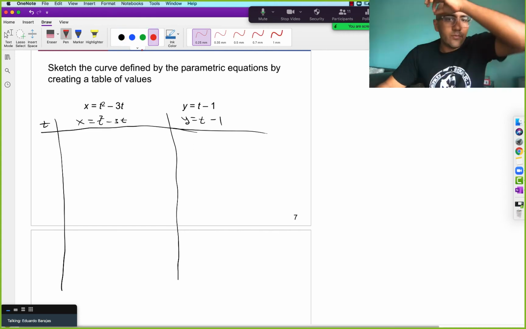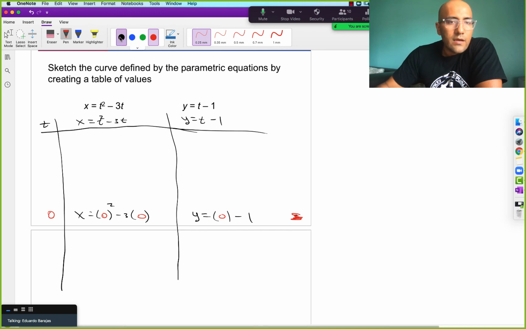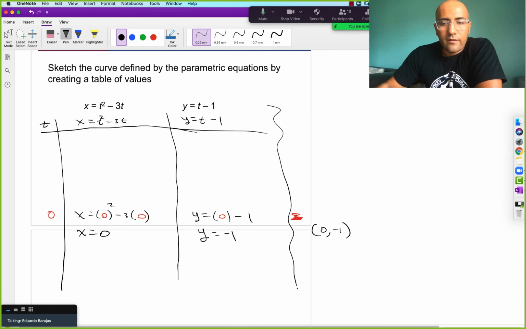So for example, when t is equal to 0, then x equals something squared minus 3 times something, and y is equal to something minus 1, and that something is 0. We end up with x equals 0 squared minus 0, which is just 0, and y equals negative 1. So we end up with the ordered pair 0, comma, negative 1, as our first ordered pair that we graph.